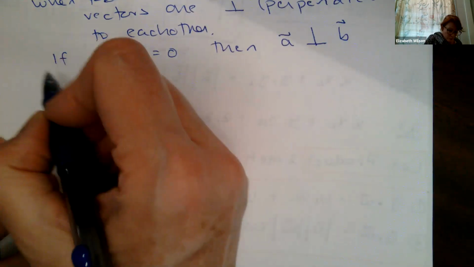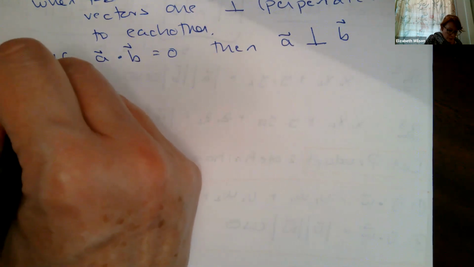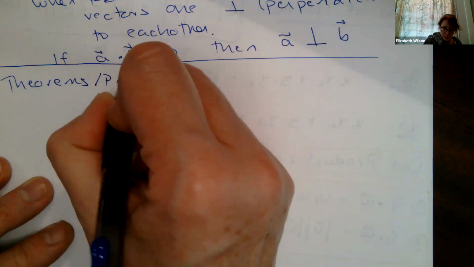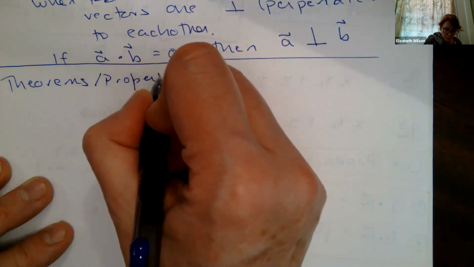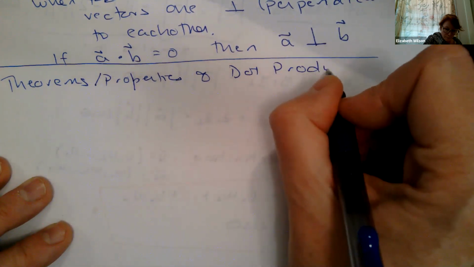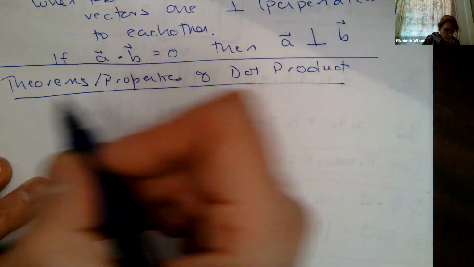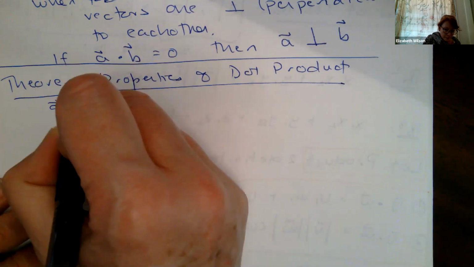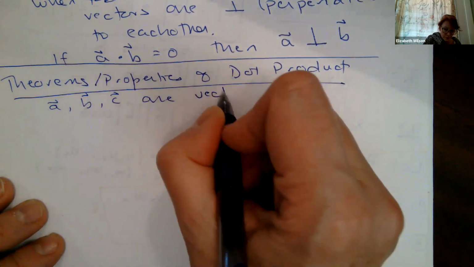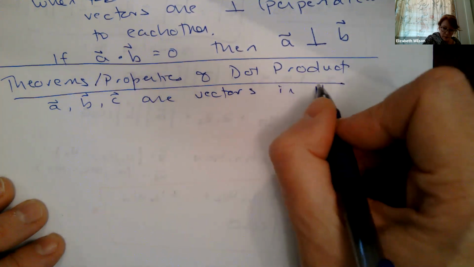Some theorems, some properties of the dot product. We're going to assume A, B, and C are vectors in whatever dimension.